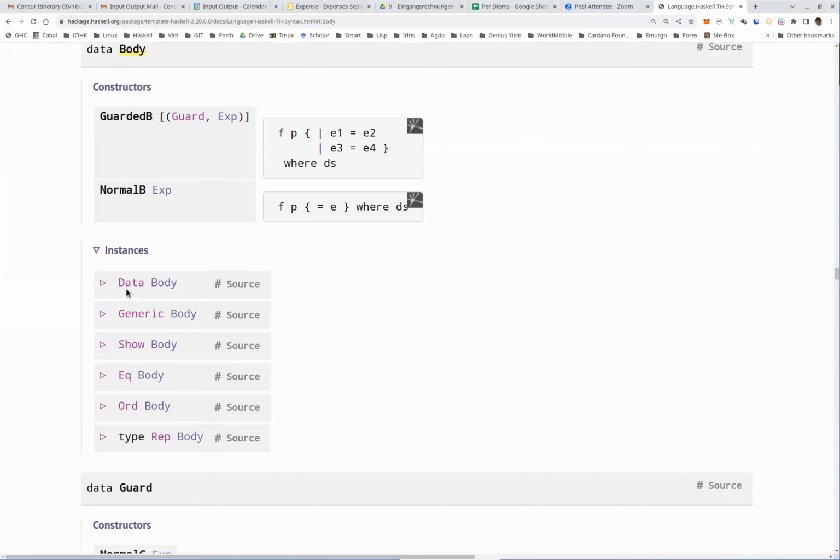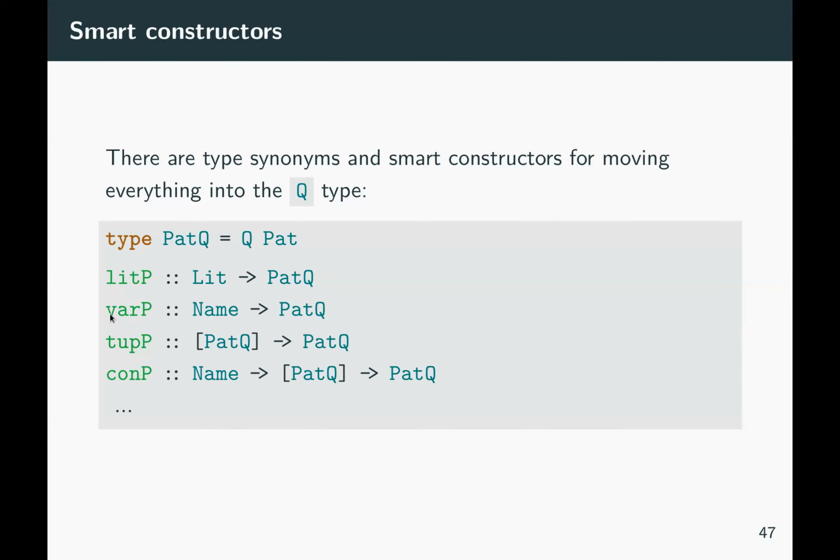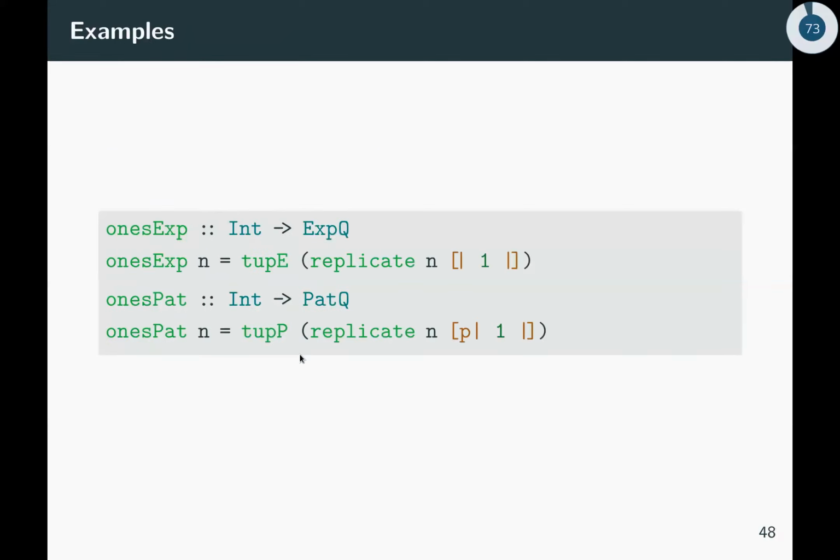So that's this stuff with this Q type, and there are all these synonyms. We worked with Q expressions, and there's a type synonym for that. So ExpQ, or Q pattern is PatQ. And there are all these things.